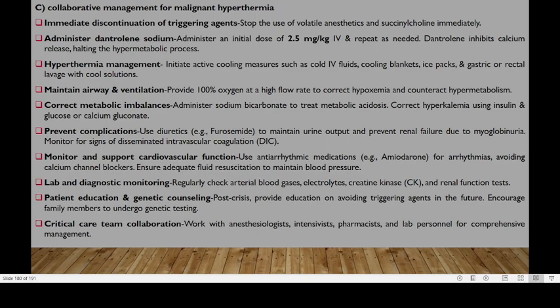In terms of management, there is normally immediate discontinuation of triggering agent, administer dantrolene sodium, hyperthermia management, maintain airway and ventilation, correct metabolic imbalances, prevent complications, monitor and support cardiovascular functions, lab and diagnostic monitoring, patient education and genetic counseling, and lastly, critical care team collaboration.